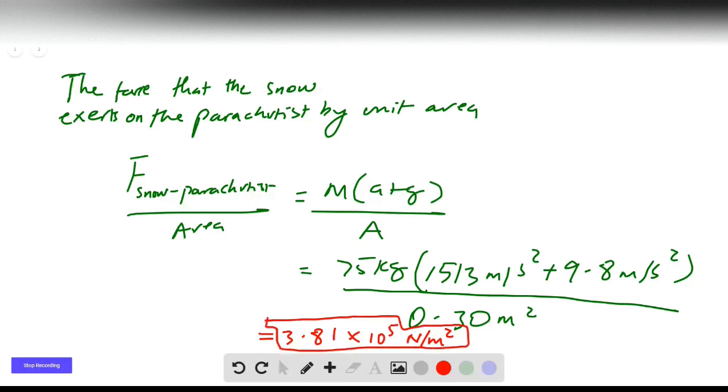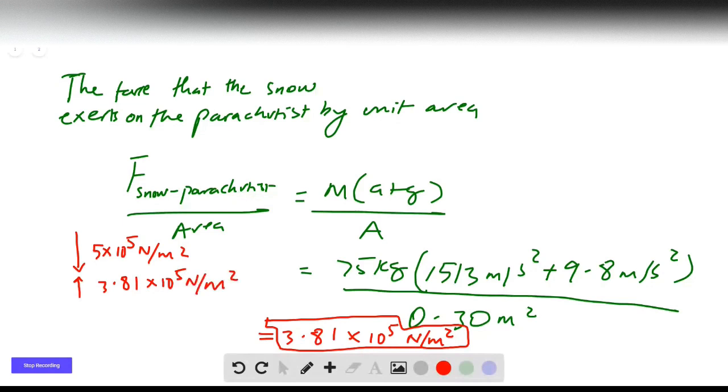We're going to compare that, like we said before. The parachutist is going down and the ultimate strength is 5 times 10 to the 5 Newton per meter squared, and they're being opposed by a smaller force, which is 3.81 times 10 to the 5 Newton per meter squared.